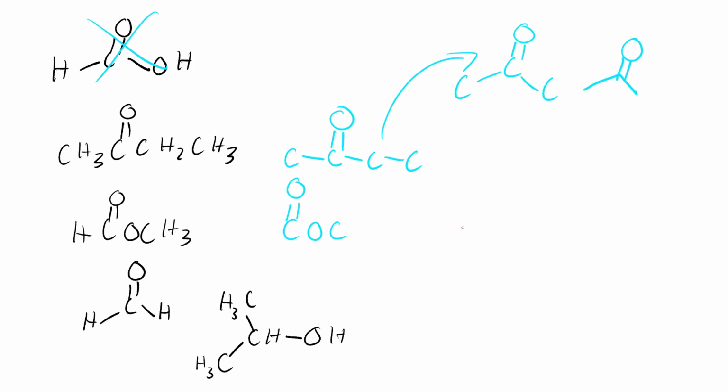So when you're looking for esters, they could be like this: the carbon, oxygen, and then a carbon. So that oxygen has to be bonded to a carbon, and that carbon has to be double bonded to this oxygen to be an ester.